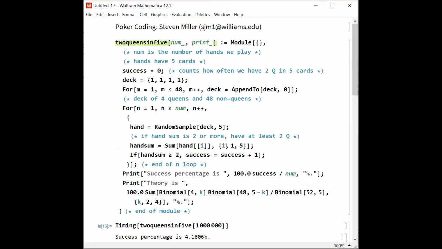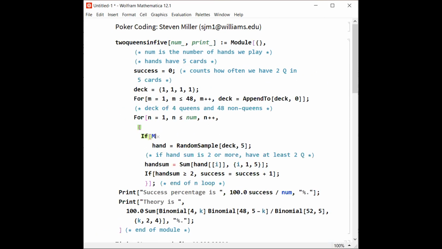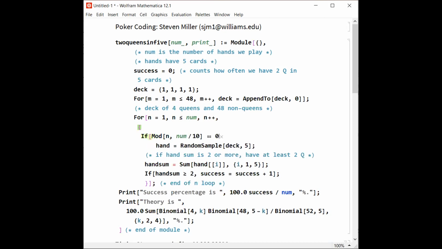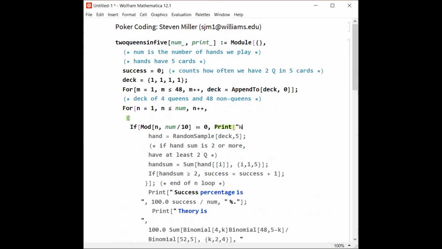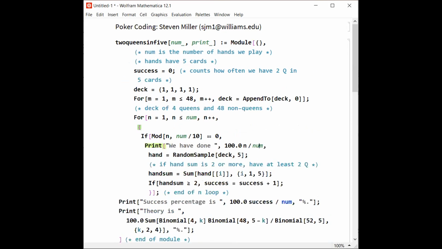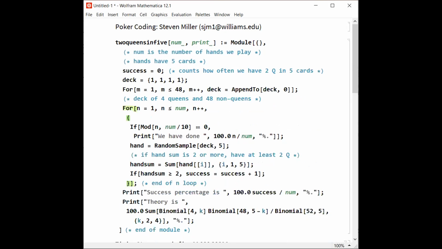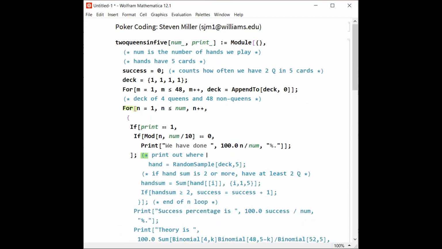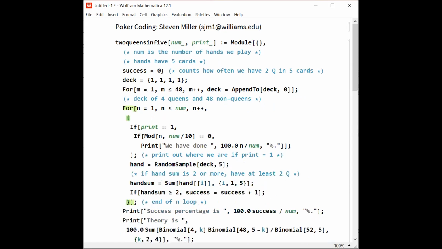So I'm going to print here under the following: if mod of n divided by 10, and we'll only do this one. What's the advantage of this?